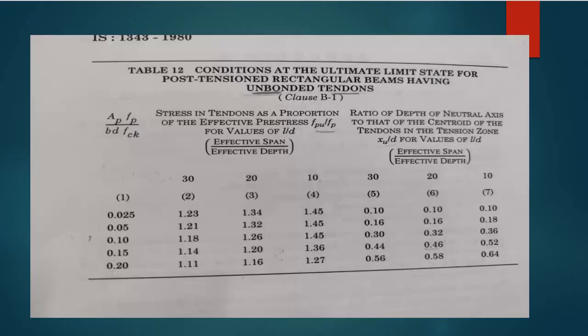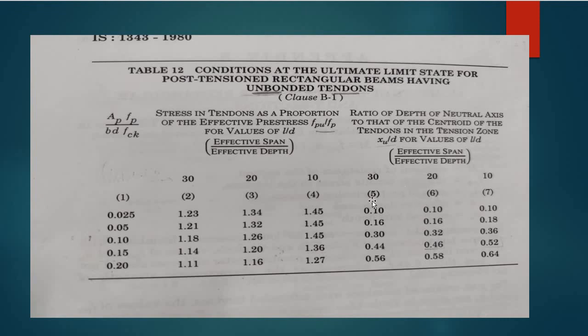It is 22.22. Where will that lie? These horizontal values are L by D ratio: 30, 20 and 10. So 22.22 will lie between the 5th column and the 6th column.